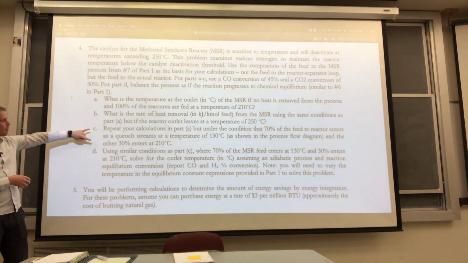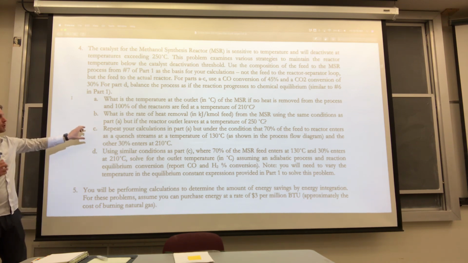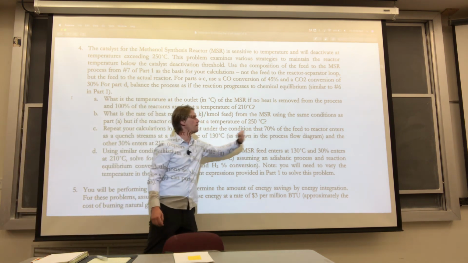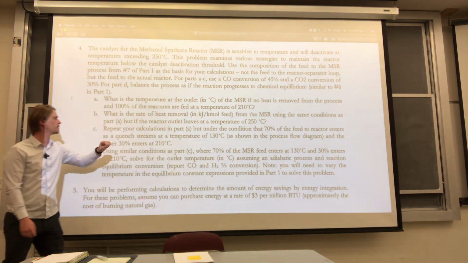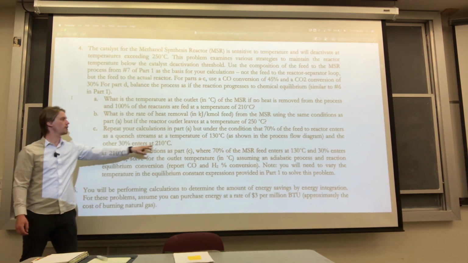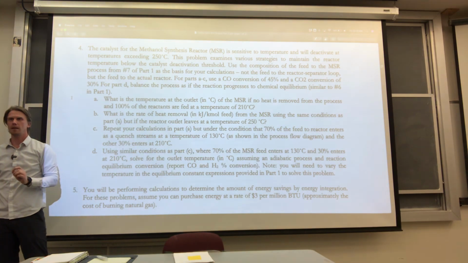Okay. Part C is more or less the actual reactor design. So we'll go to the process flow chart in a moment, but what they do is that they feed 70% of the reactants at 130 degrees C, and then 30% enters at 210, right?